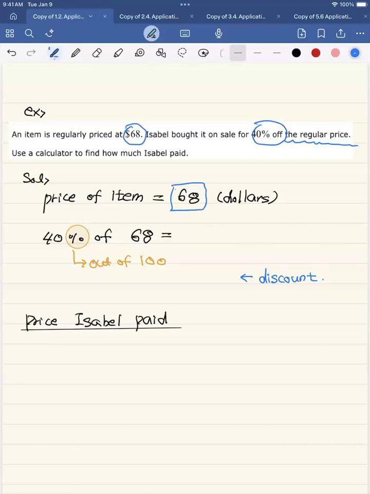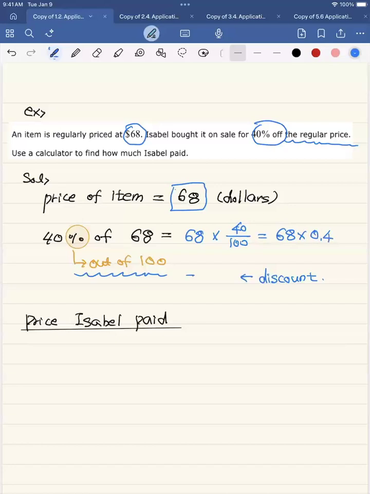And then 40% is off. So when we consider 40% of 68, we have to multiply by 40 over 100 because percent is out of 100. So we have to divide by 100. So that becomes 68 times 0.4.